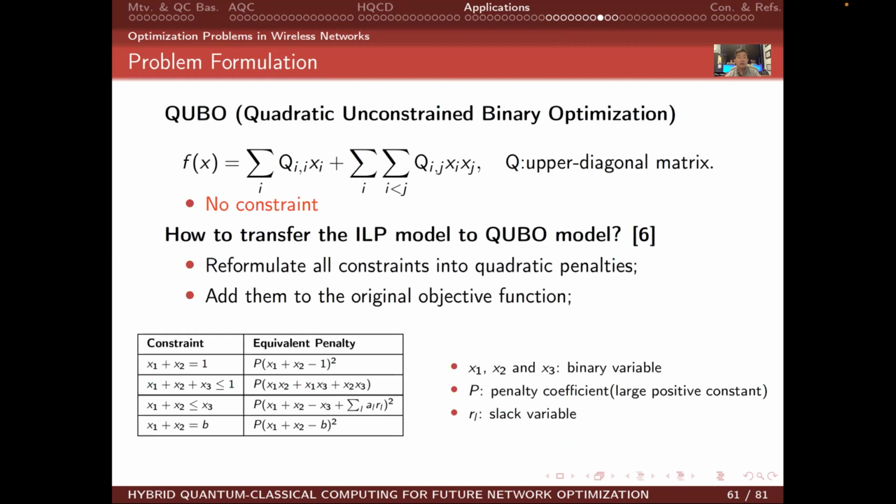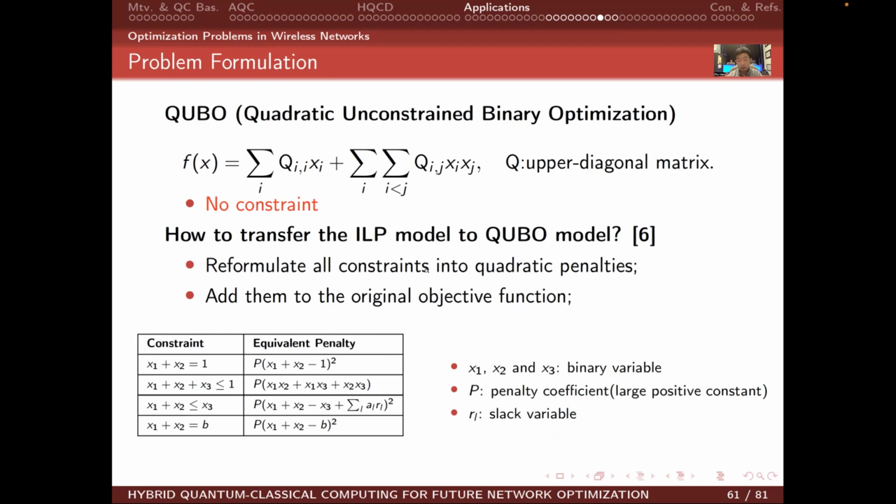So in this case, we formulate this with QUBO. We map all those constraints using equivalent penalties into the QUBO method.